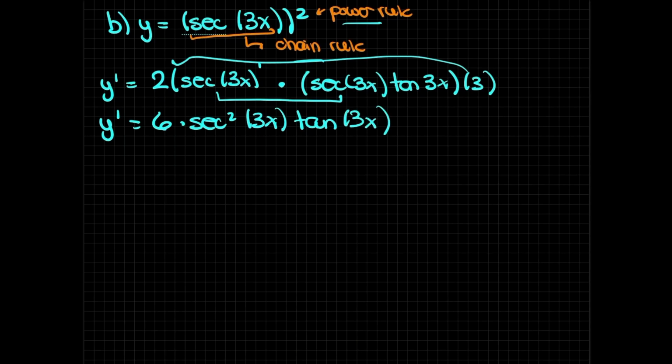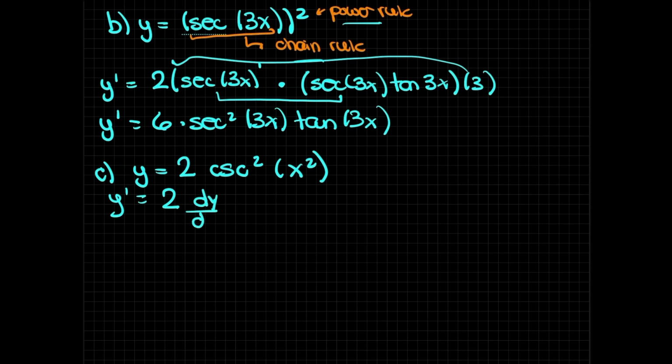Okay, so now let's look at the final one. So let's look at y equals 2 cosecant squared times x squared. So again, we know that when we take the derivative of something, a constant can stay out in front of the derivative. So we actually are just taking the derivative dy/dx of the cosecant squared x squared.